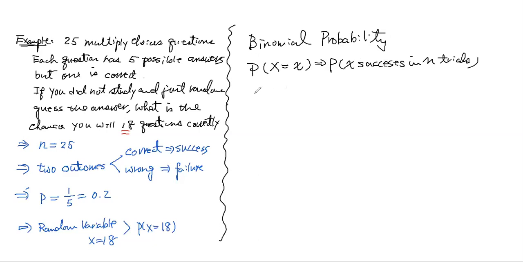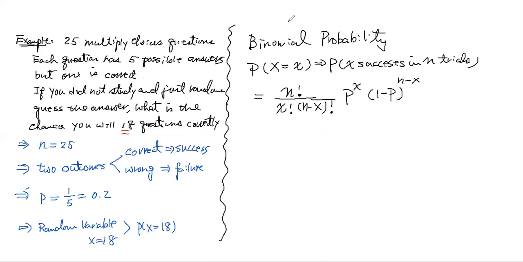So the formula is this: n factorial over x factorial times n minus x factorial, and then p to the x, and then 1 minus p to the n minus x.